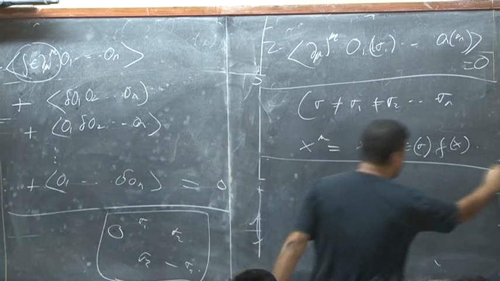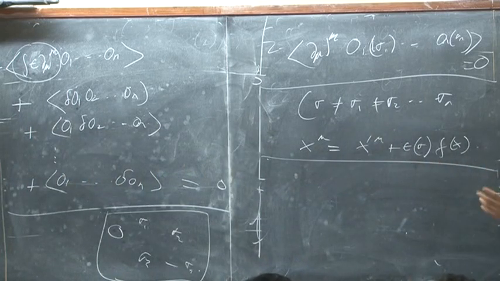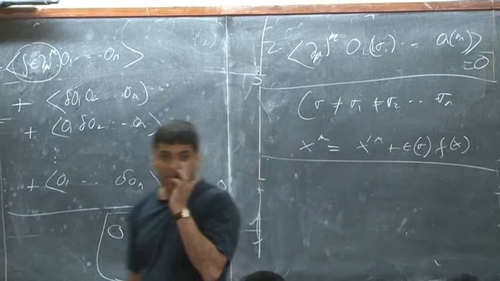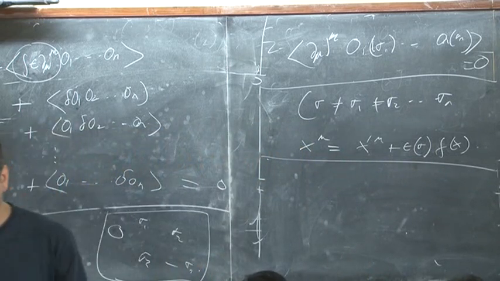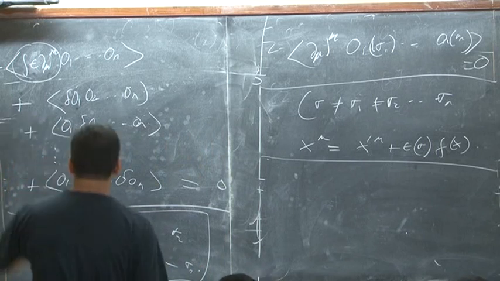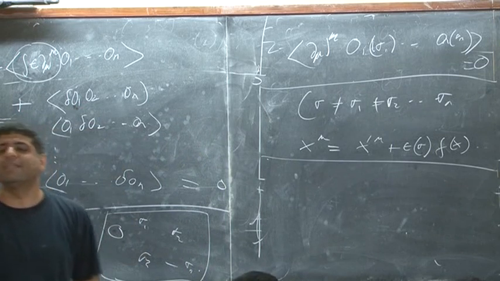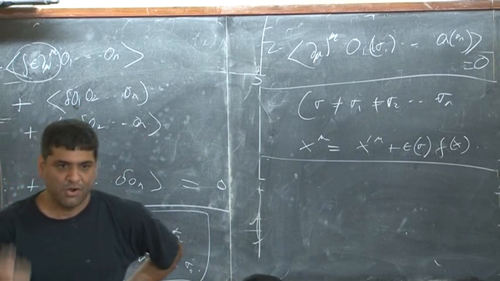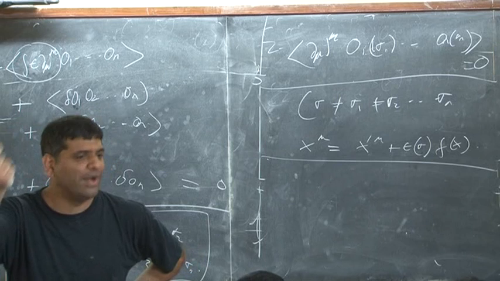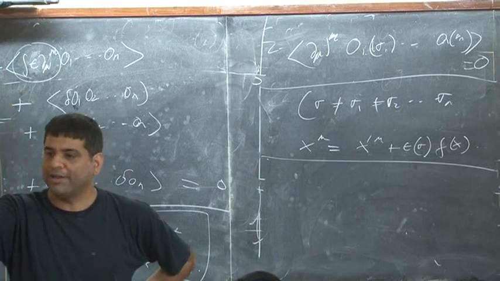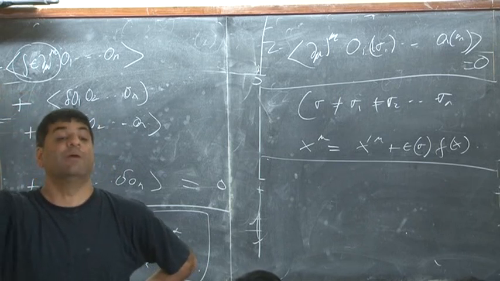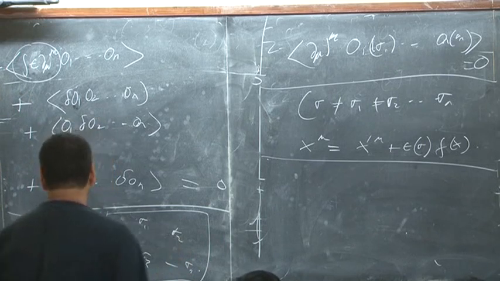On the other hand, now we will look at what Mangesh was saying. Mangesh was saying that, look, suppose we take the case where these O's are some ultra-local insertions. O1 depends only on x at sigma 1.